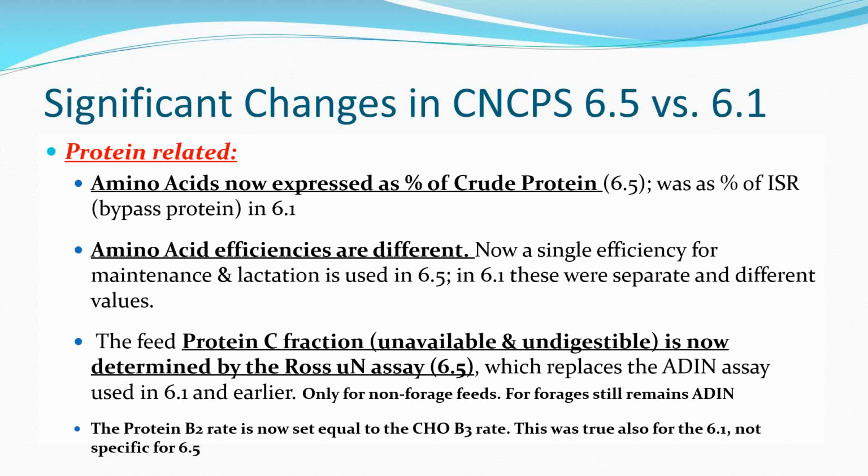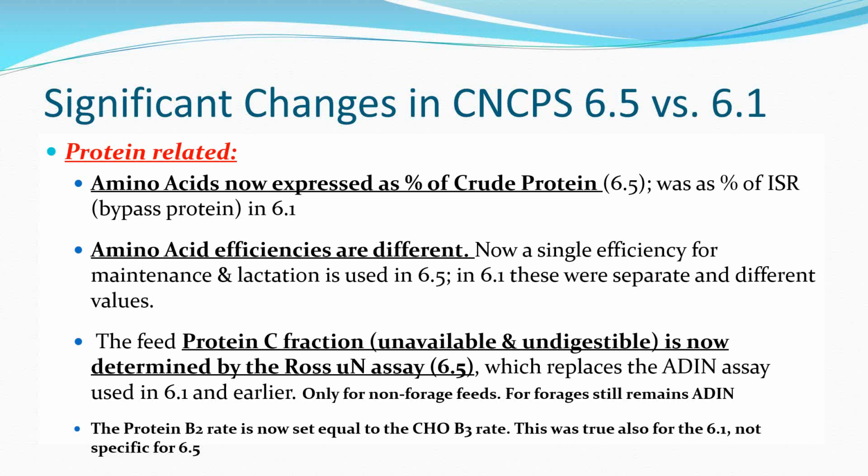So, for instance, blood meals and heat-treated soybeans or canola meals. These are feeds, particularly the blood meals, they don't have fiber in them. There's no acid detergent fiber in blood meals, so it's more appropriate to use this new assay.